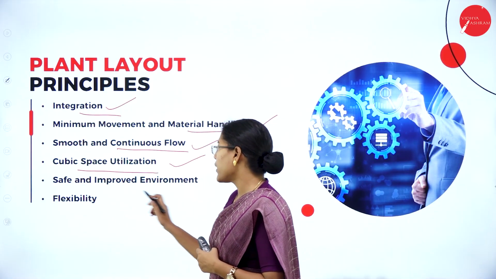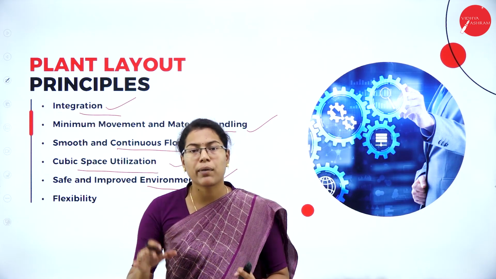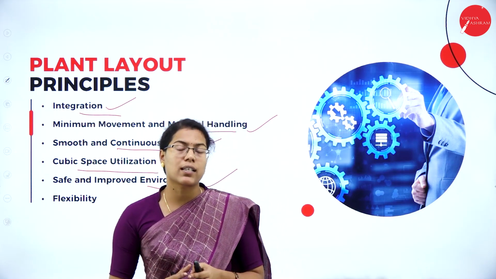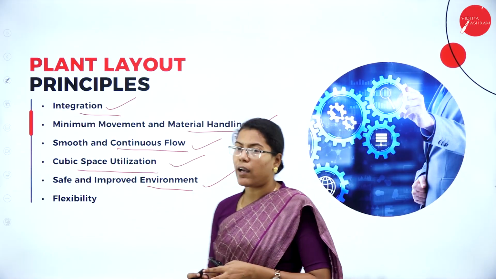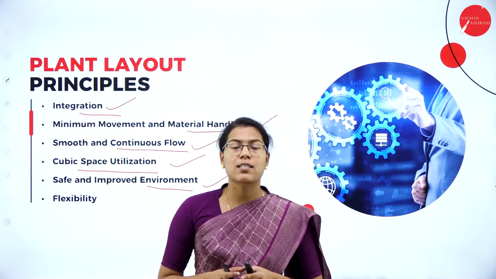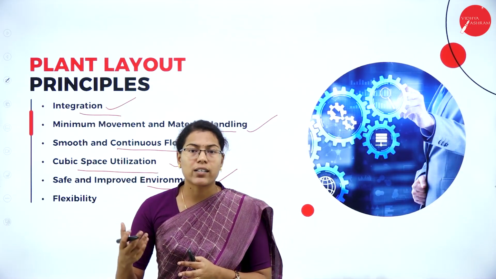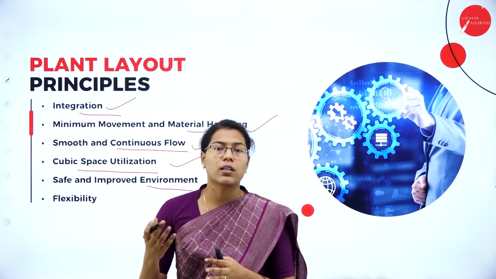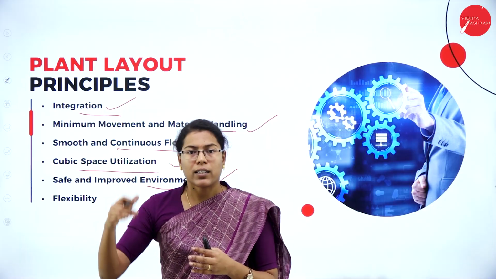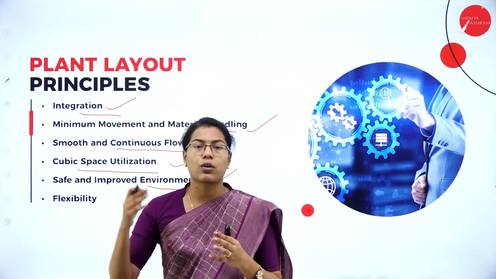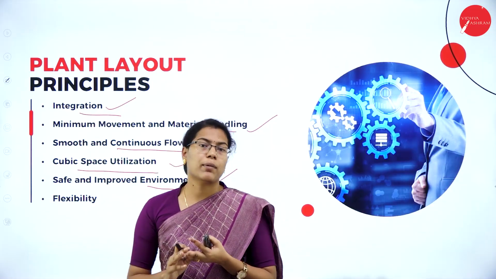Next is safe and improved environment. Here the plant layout should be made in such a way that for all the workers and laborers there is a sufficient, safe and improved environment. Wherever necessary, if you are going to set up machinery which is quite dangerous, or can produce some chemicals, then you can put up a board saying restricted access, so that workers without proper skills and knowledge cannot enter that particular area.